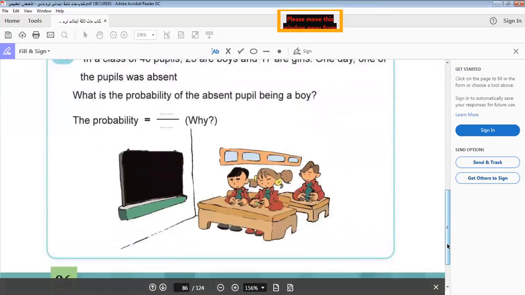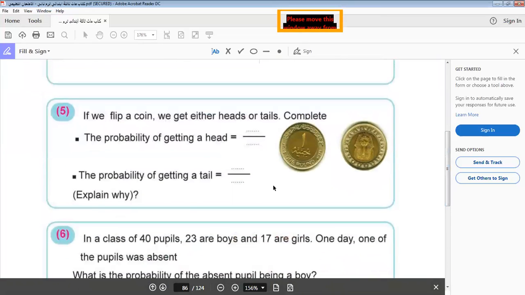Then you have another experiment here, which is the coin. This is head and tail. This picture is head, and this writing is tail. What is the probability of getting a head? How many faces do you have in total? The total is 2, but I have just one head out of 2. So the answer is half, 1 over 2.